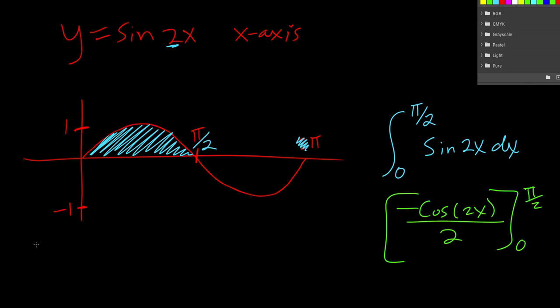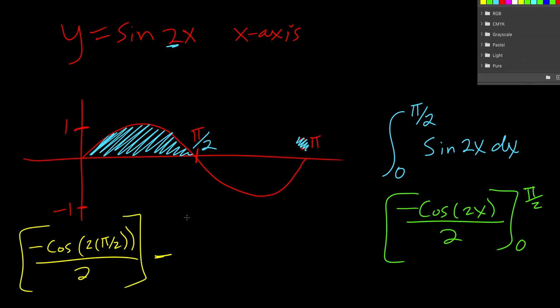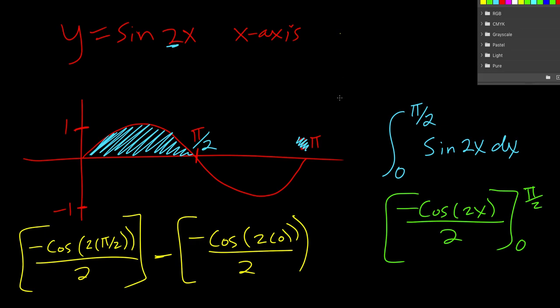Now I'm just going to plug these in, so I get negative cosine of 2 times pi halves all over 2 minus negative cosine of 2 times 0 all over 2. Okay, so if we draw cosine, this just goes to 0, right? 2 times 0 is 0. Cosine of 0 is 1, and so this entire thing becomes negative 1/2.